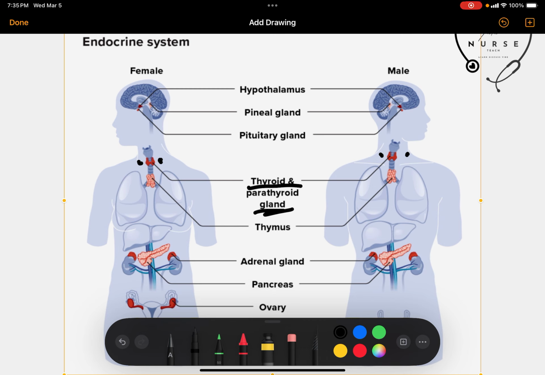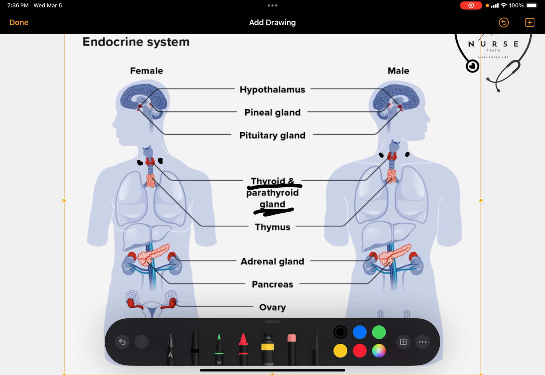And the parathyroid gland secretes parathyroid hormone. The main role of the parathyroid hormone, as mentioned before, is to help regulate the serum calcium levels. What it does is it basically increases the serum calcium level by acting on the bones, the kidney, and indirectly on the GI tract.